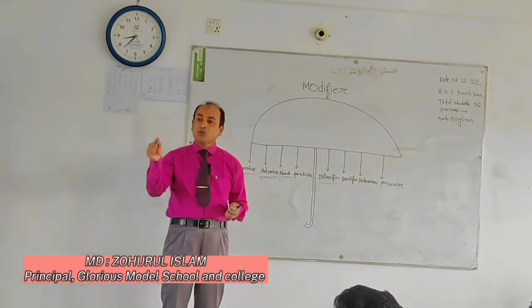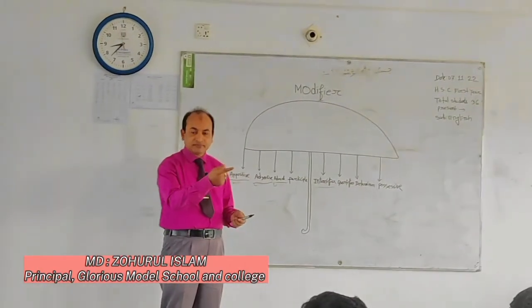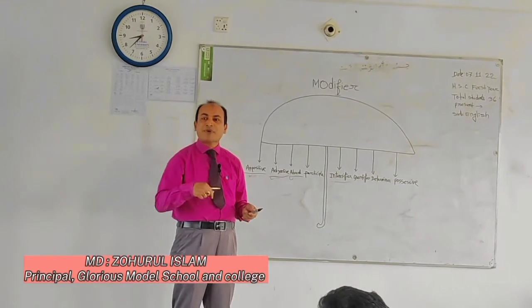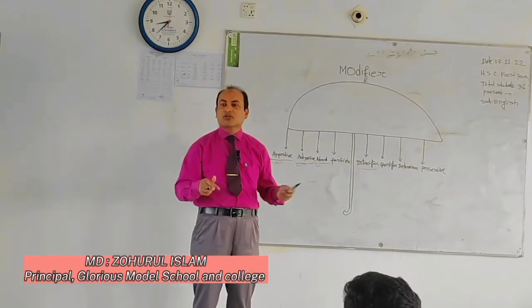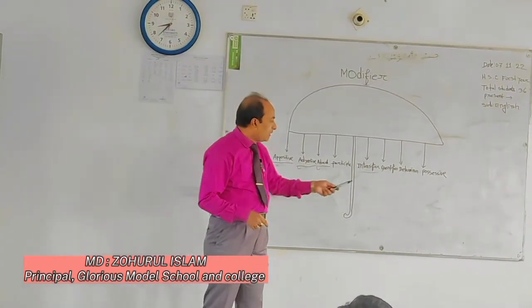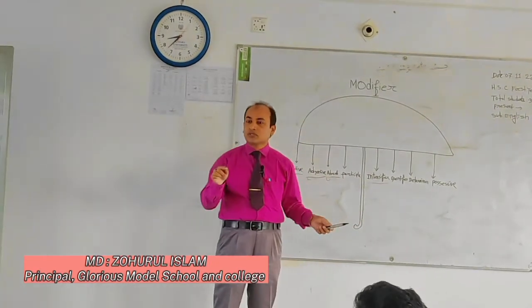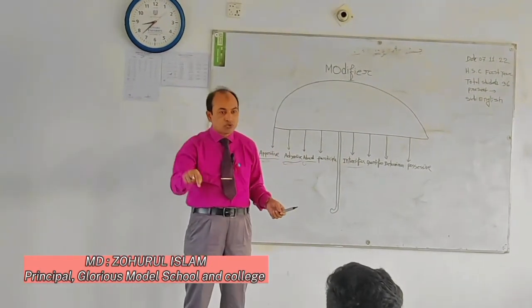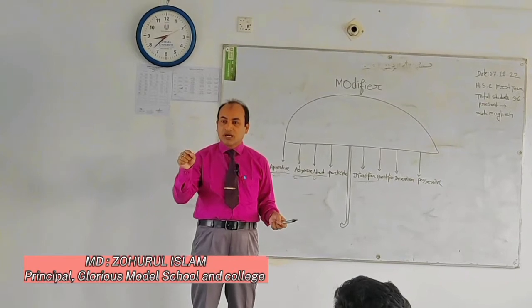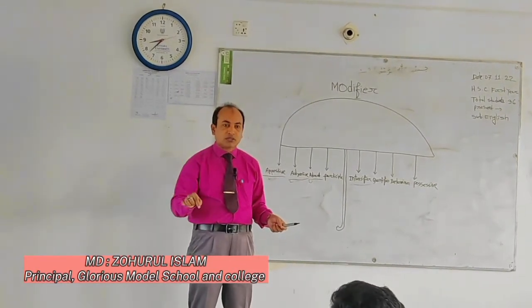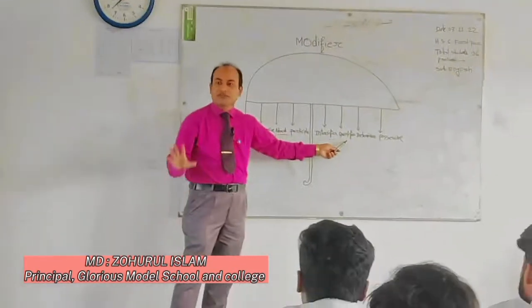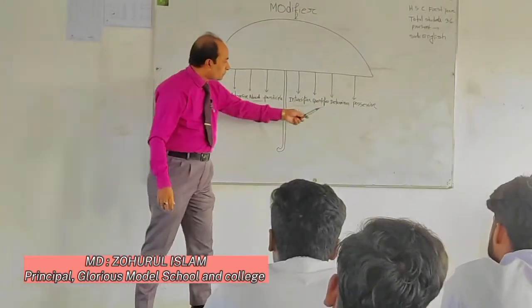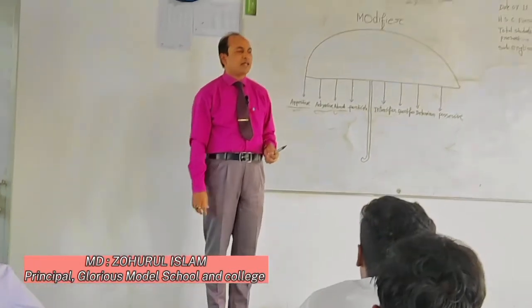Modifier means the word that modifies, that specifies any word. Suppose, I have many books. Many books. I have 2 books. How many? 2 books. So this is called quantifier. You can understand?